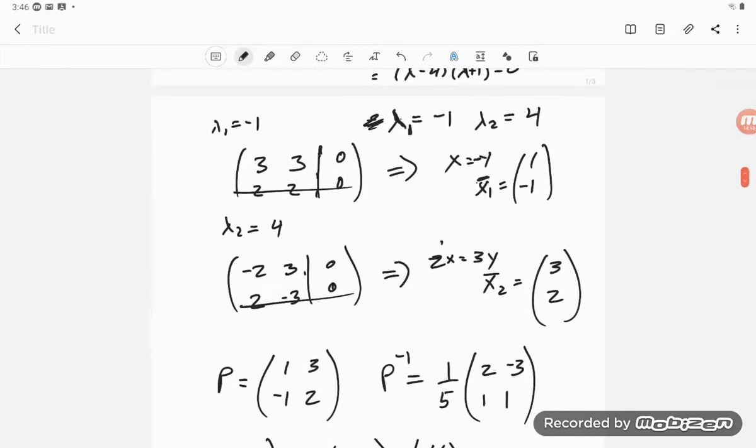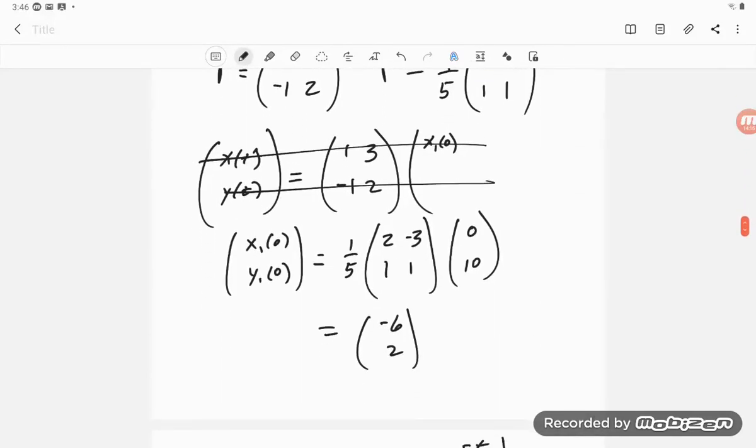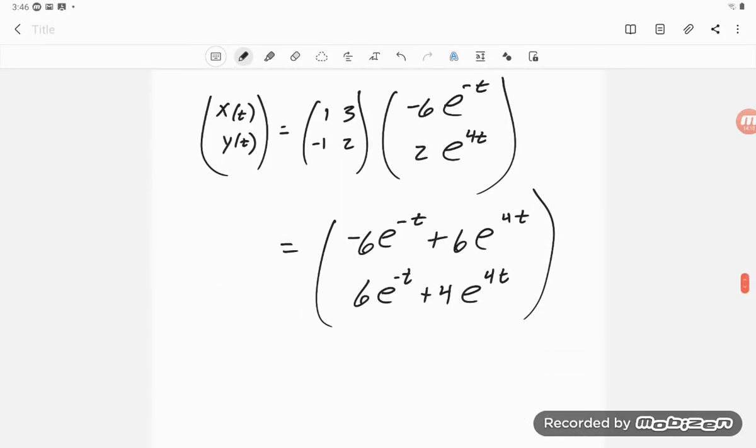And so we do that, and we end up with our solution. So there we go. There's another example of a differential equation.